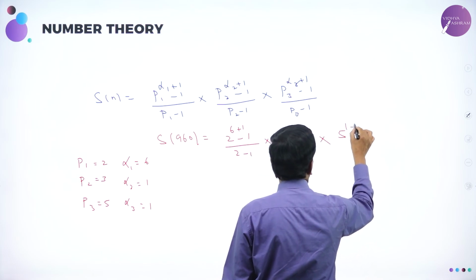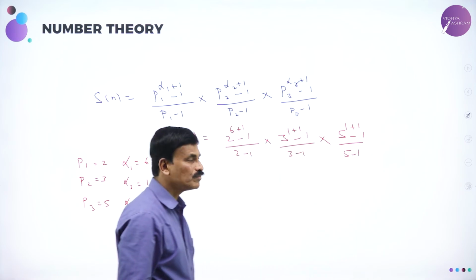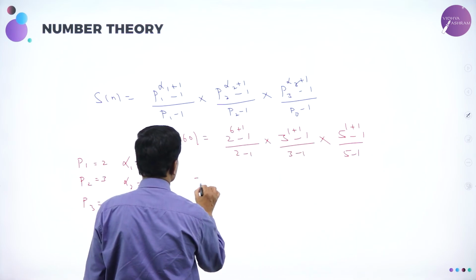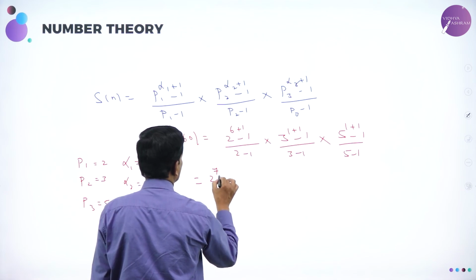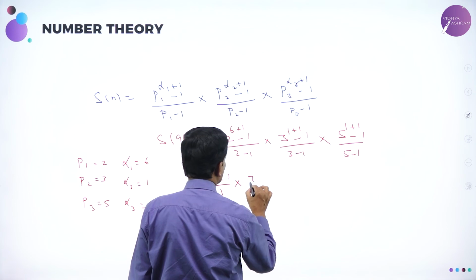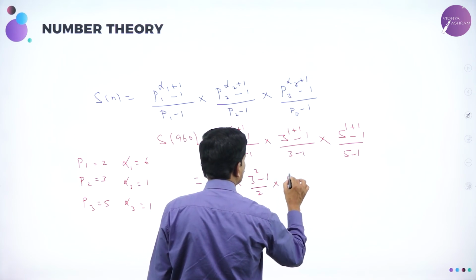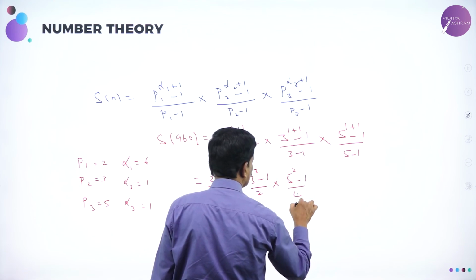Alpha 3 is 1 plus 1 minus 1 divided by 5 minus 1. Right. So this is 2 power 6 plus 1 is 7 minus 1 by 2 minus 1 is 1. 3 to the power of 1 plus 1 is 2 minus 1 divided by 2. 5 to the power of 2 minus 1 divided by 4.